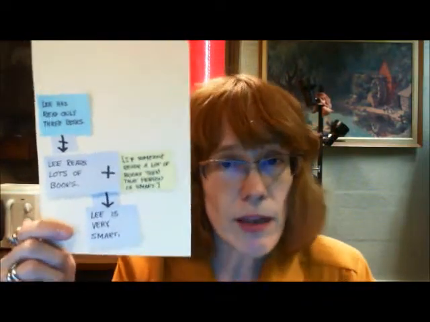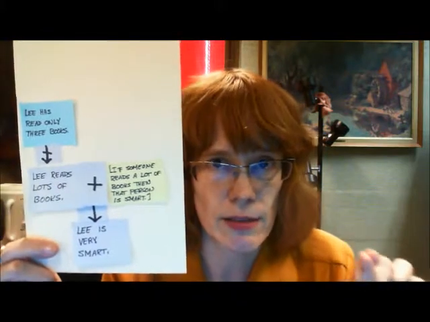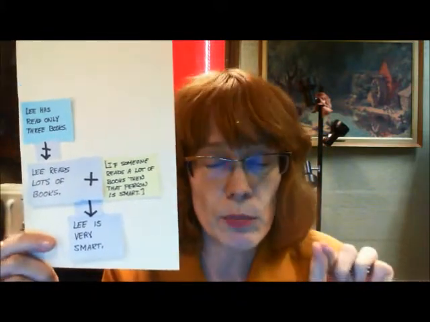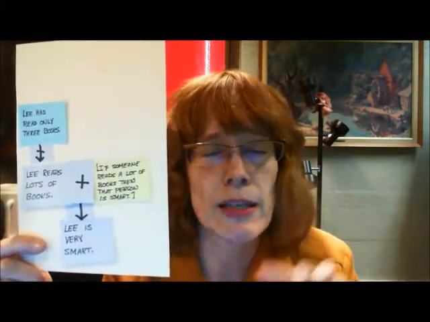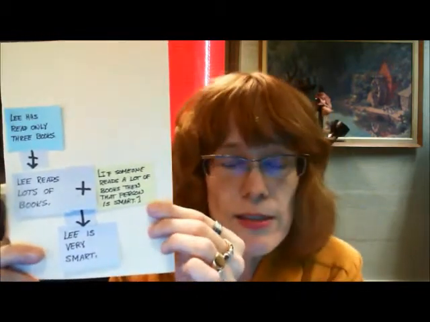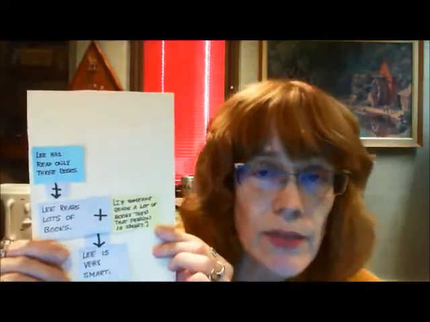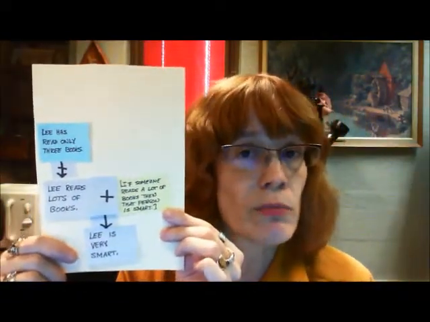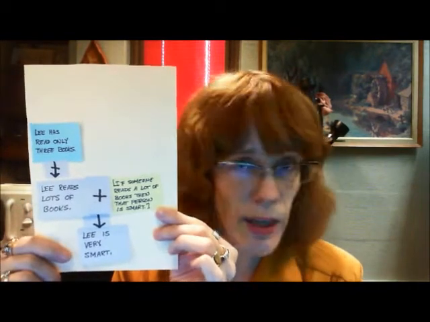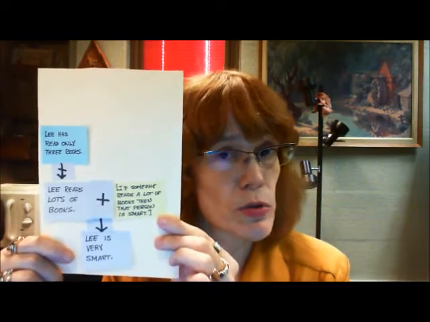Now, what we have not talked about is how we can object to an if-then sentence. And this is really important and incredibly easy to get wrong. The idea is this: the if-then tells us what we can expect if someone does read a lot of books. It's only talking about people who do read a lot of books, and it's saying that those people are smart.